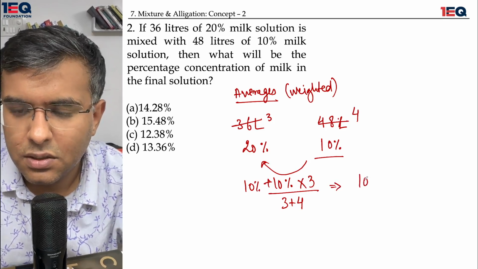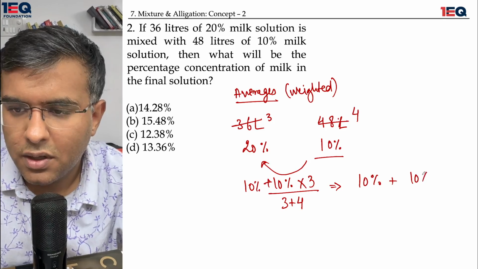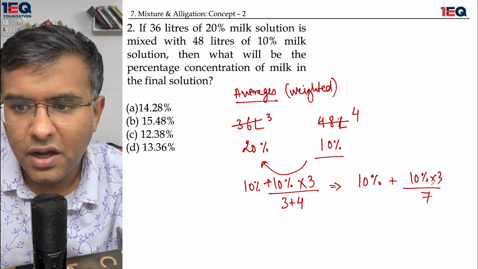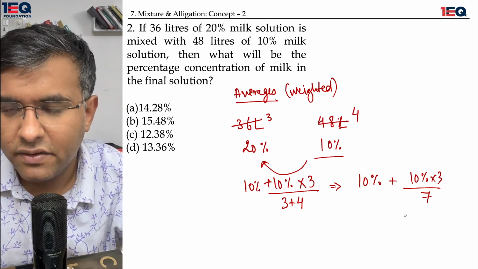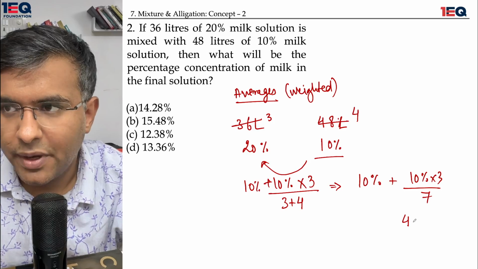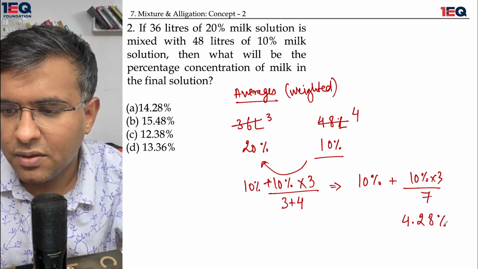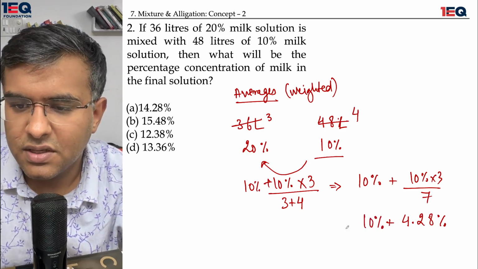This means 10% plus 10% into 3 upon 7, right? This 10% into 3 makes it 30. 30 upon 7 makes it, 7 fours are 28, and 4.28%. And this 10% stays.